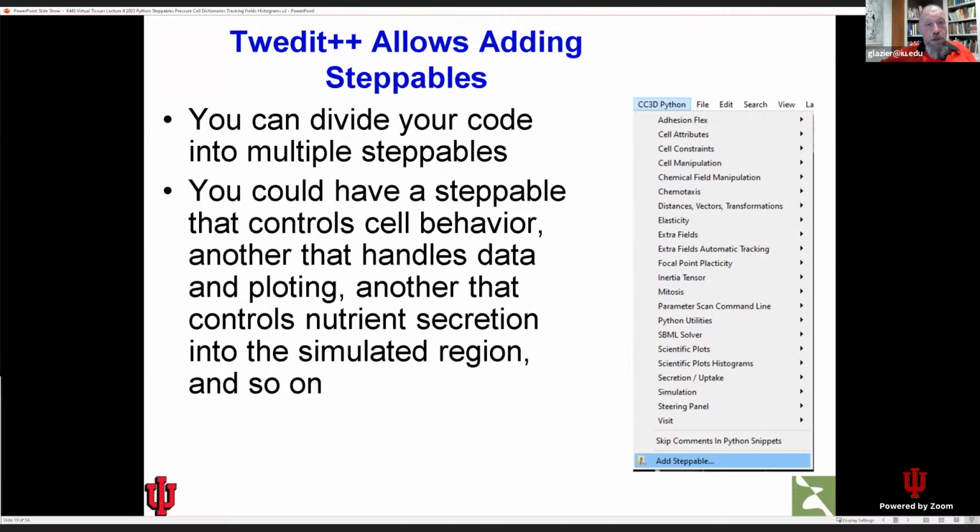But if you're going to reuse modules for other purposes, breaking them apart is useful. You might have one module that controls cell behavior, another one that handles data and plotting, another one that controls nutrient secretion, and another one that, suppose you were doing radiation therapy, applied radiation to the system. Those could be broken up into different classes.